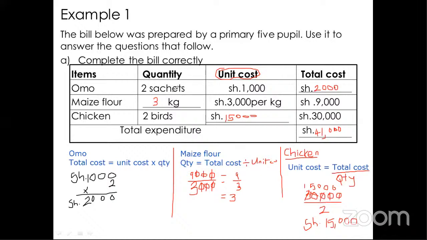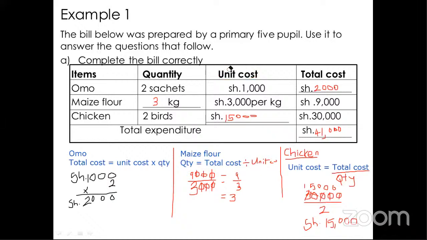The unit cost here means the cost per kilogram. The unit cost here means the cost per bird, like one bird costs how much. So that is what we are trying to do.